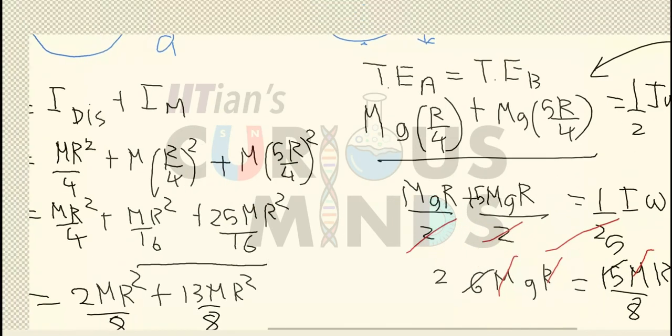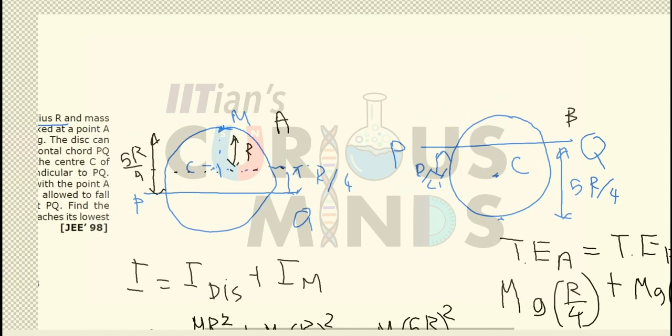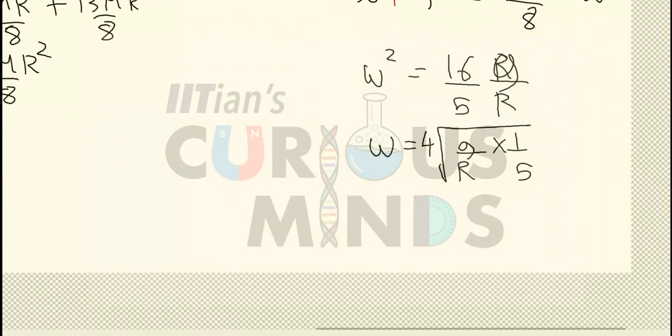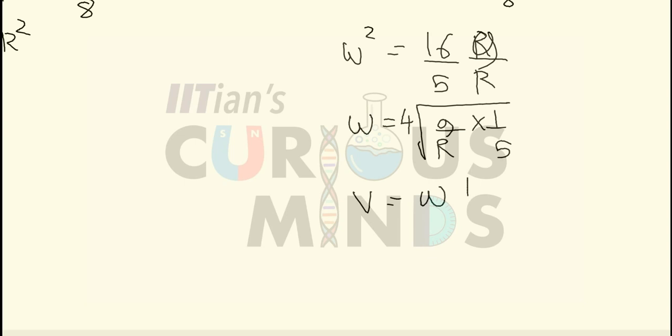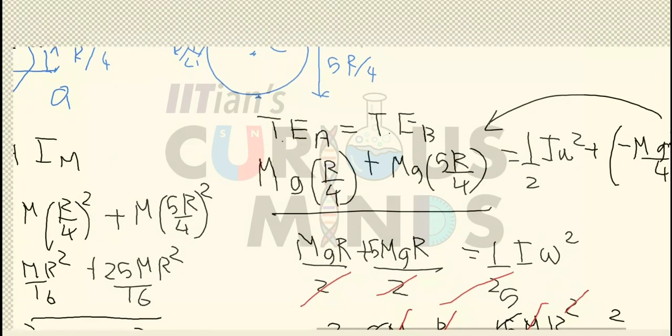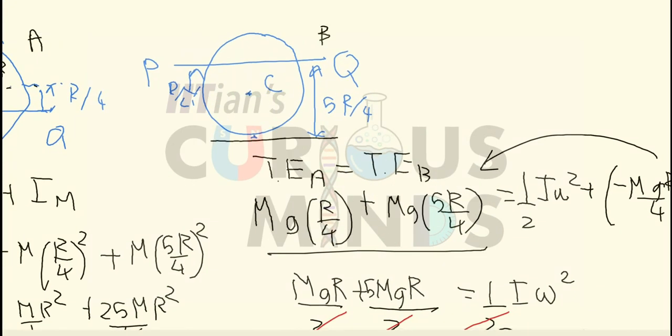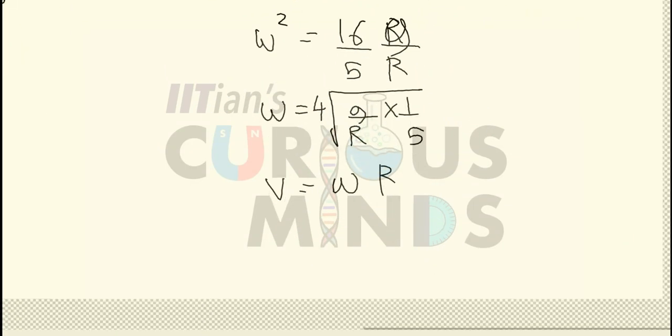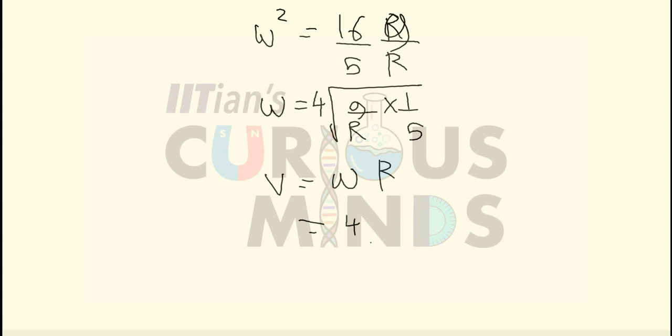We have to find out the linear velocity. If you read the question, we have to find out the linear velocity of the mass at the lowermost position. So the linear velocity v will be equal to ω into r. Now what is the distance of the mass from the axis? The distance of the mass from the axis of rotation is 5r/4. So when I multiply this by ω, it is 4 root of g by 5r into 5r divided by 4.